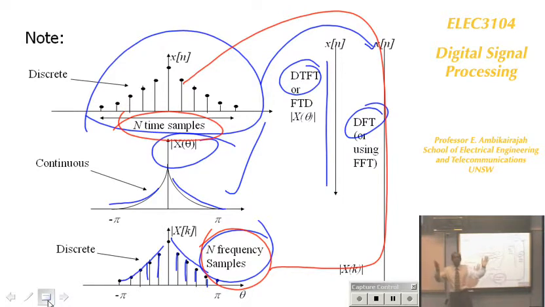I took 1,000 samples, that means I'm looking at 1,000 frequency points. That means the unit circle 2π is divided by 1,000. So you can see the resolution delta is equal to 2π over N, and N is your number of samples.